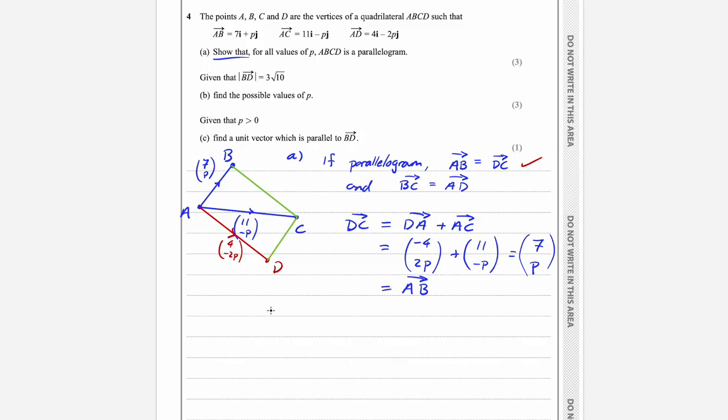And then the next one we need is to find BC. So BC is equal to BA plus AC. So we're going B to A and A to C. BA is negative 7 minus P, plus AC, again, is just 11 minus P. This is equal to 4 minus 2P, which is equal to AD.